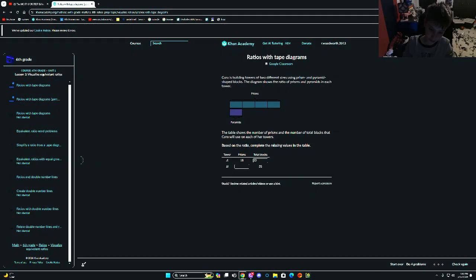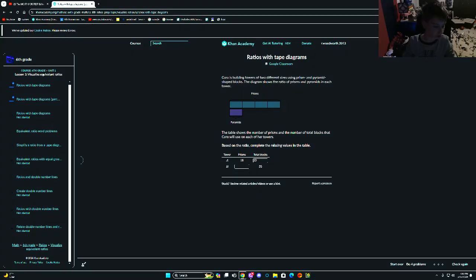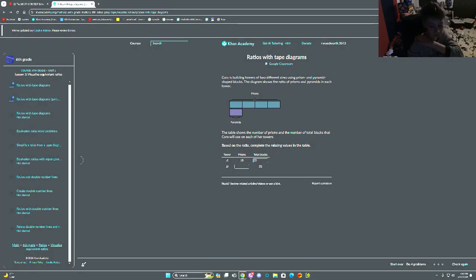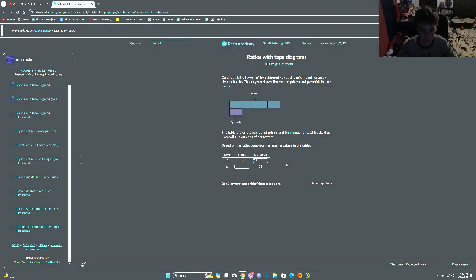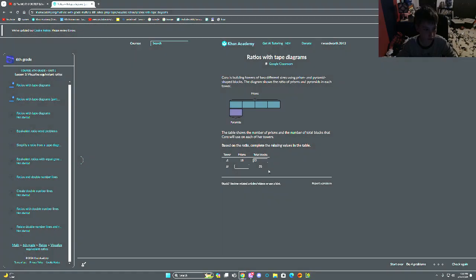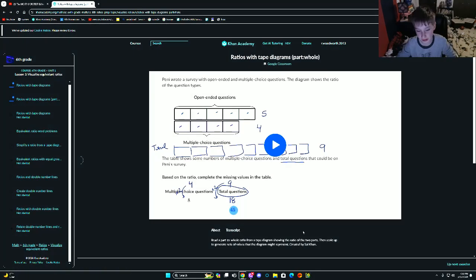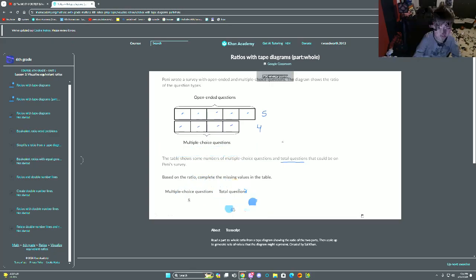Okay, I'm struggling here. I don't understand that last part. 8 to 18 as 4 is to 9. Alright, all my brain is thinking about this.